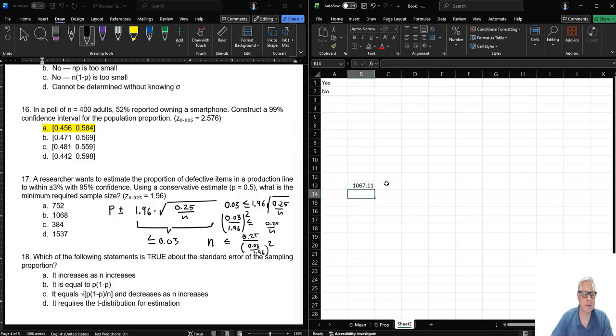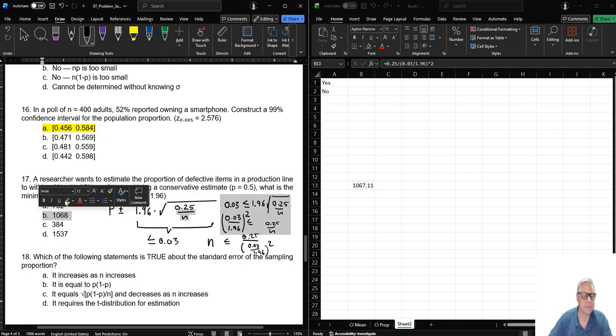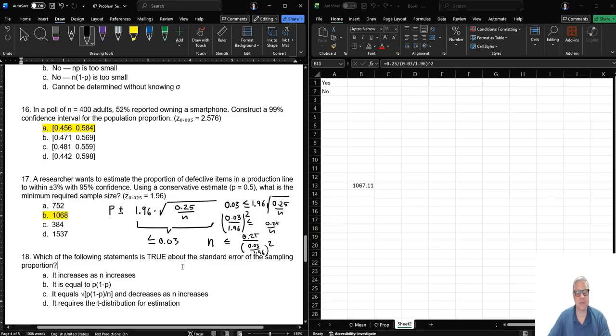So now we get 1067, so that is 1068. And of course I made a mistake, because after I cross multiplied, the sign would have to be like that.